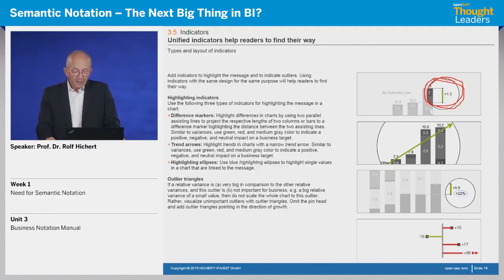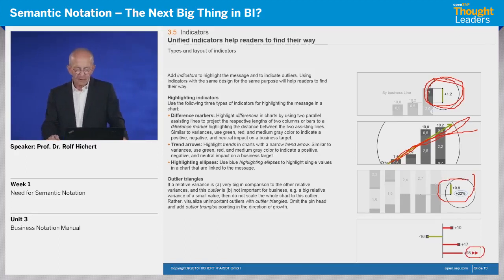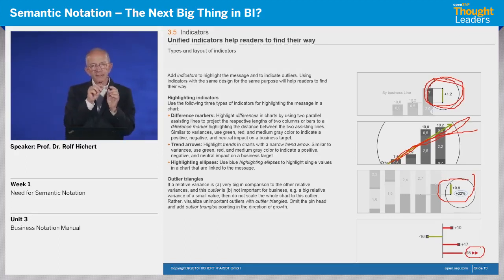Then a trend, a positive trend using a green line and a green arrow, and a red arrow would show a negative trend. Again, a difference marker, and here outliers are represented by these little triangles. So if percentage values are way out of focus, then we use those triangles.